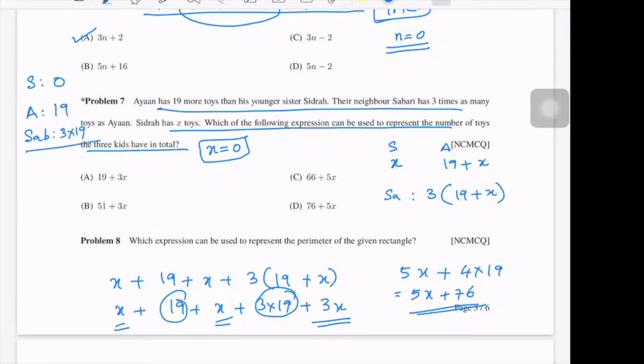So the altogether answer is going to be 76, and the only matching answer is this. In this way, you have totally got rid of all the X terms, and it is much easier to crack. In those questions with asterisks, I've mentioned in the paper that there is some trick involved. That is why I'm discussing these questions.